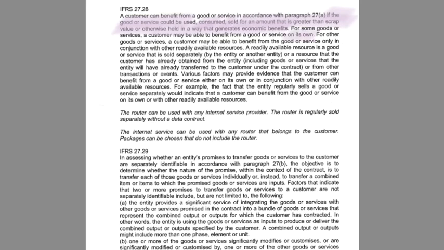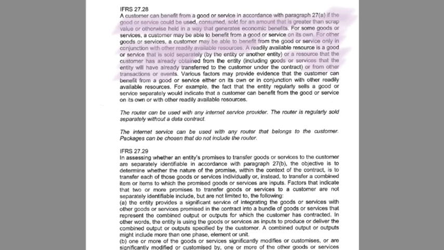For others, they may be able to benefit only in conjunction with other readily available resources. Now, what is a readily available resource? It is a good or service that is sold separately by the specific entity that we are busy with or anybody else, or a resource that the customer has already obtained from the entity or from other transactions or events.